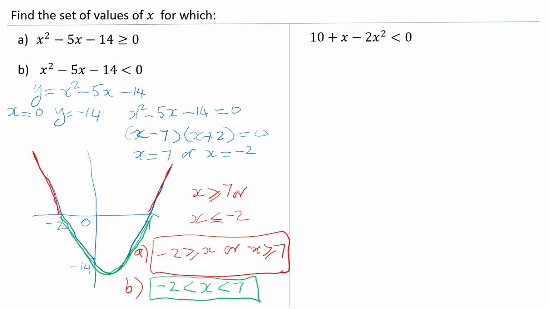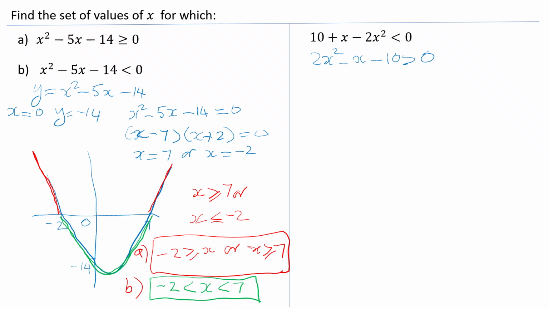Next question. 10 plus x minus 2x squared less than 0. Before we do, we want to make x squared positive because it's easy to handle. So I'm going to move to the other side of the inequality. So 2x squared minus x minus 10 greater than 0.